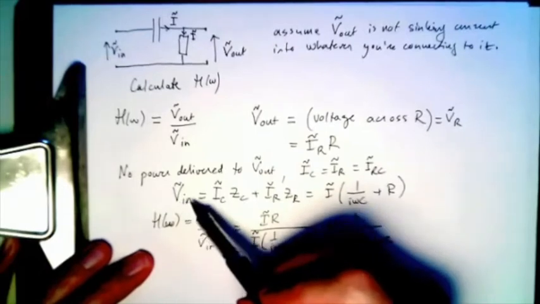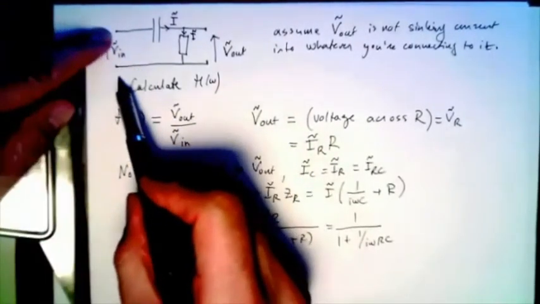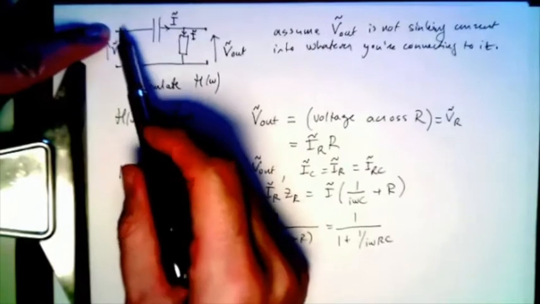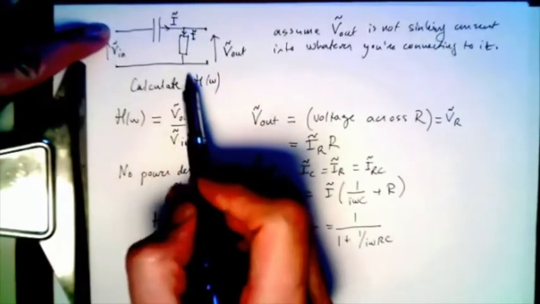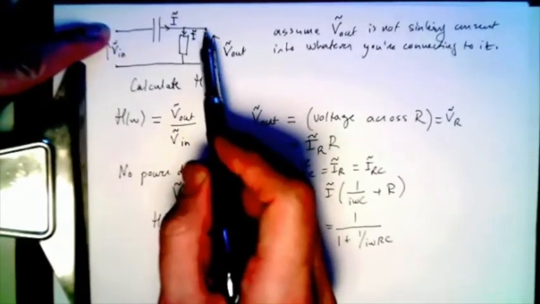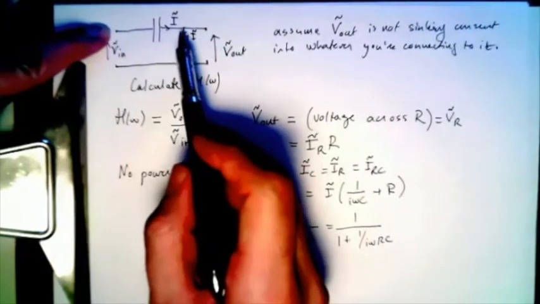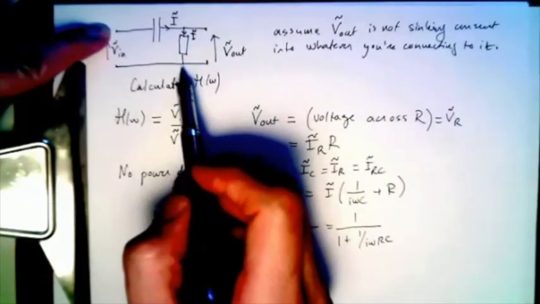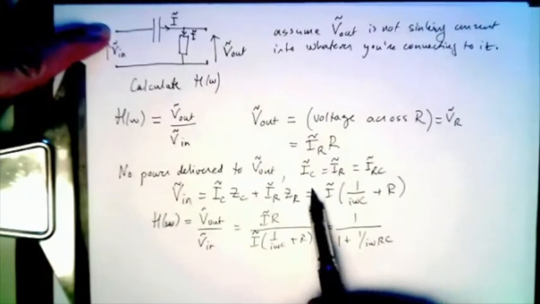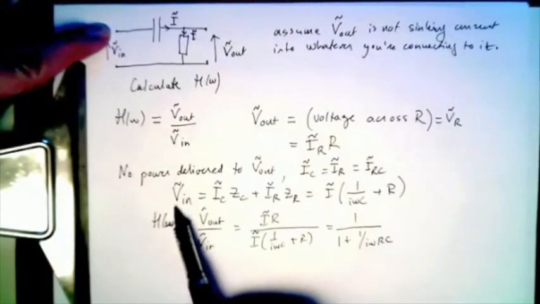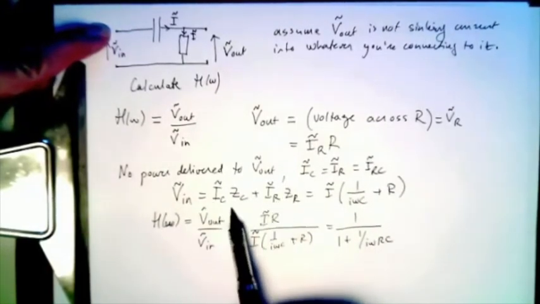And that means that the input voltage, which is applied between these 2 points on the circuit, drives a current through this network in this direction. No current goes this way. So the current that goes through the capacitor is the same as the current that goes through the resistor. So they're in series. So therefore, currents are the same, and the voltage is split between the two.